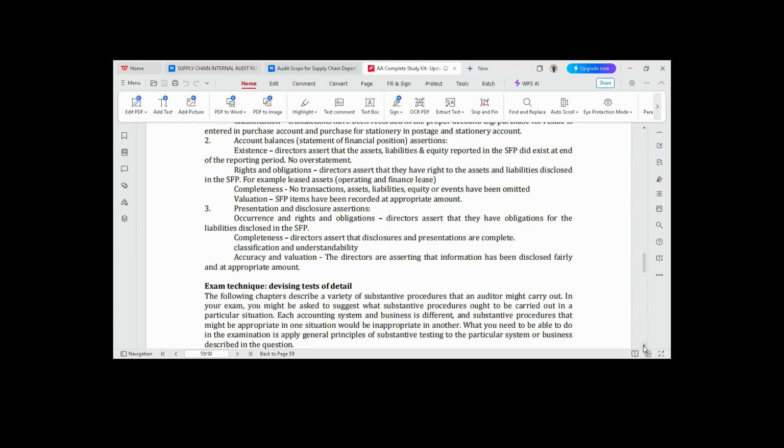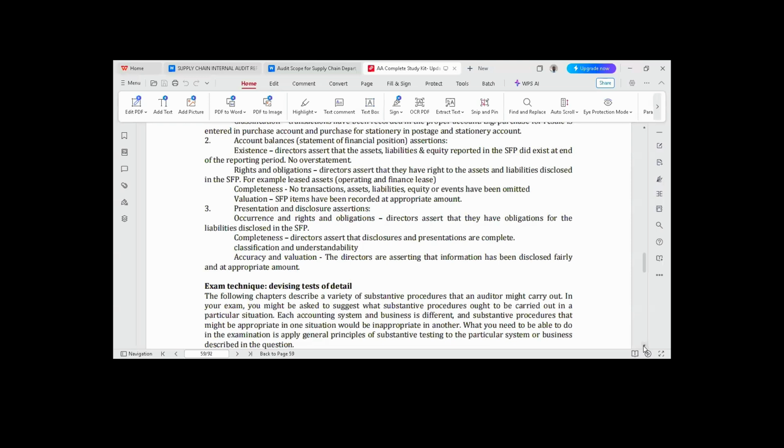Because if you look at these two financial statements, you always have some disclosures, and you have some presentation about them. There are acceptable ways to present your statement of profit or loss and your statement of financial position. And you can't arrange them anyhow.